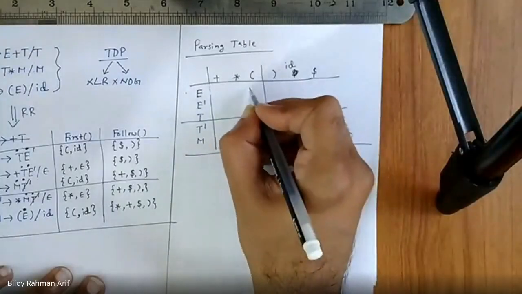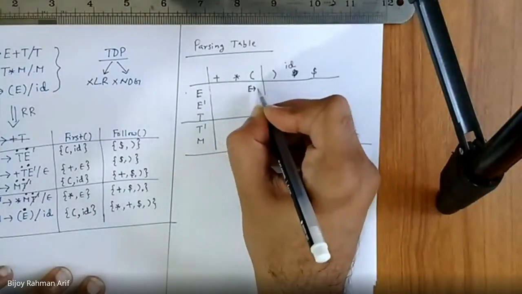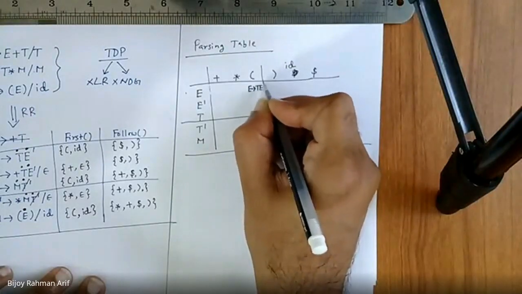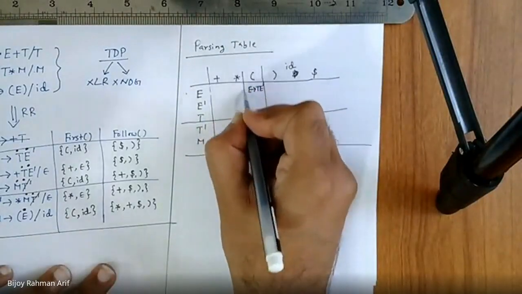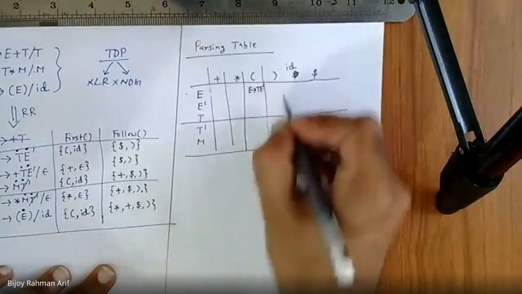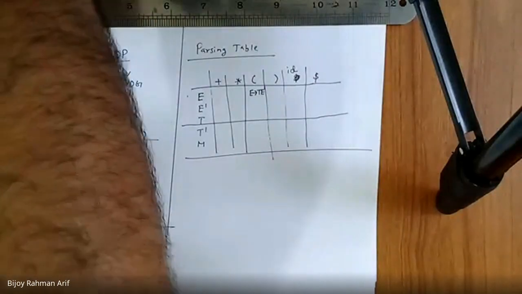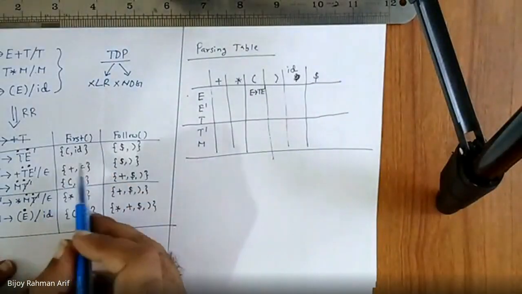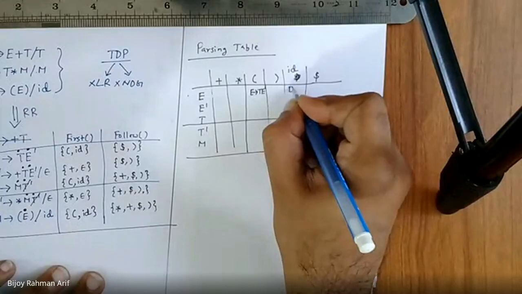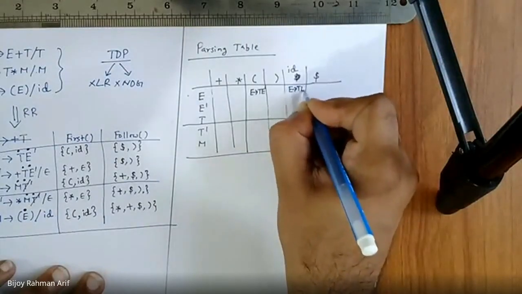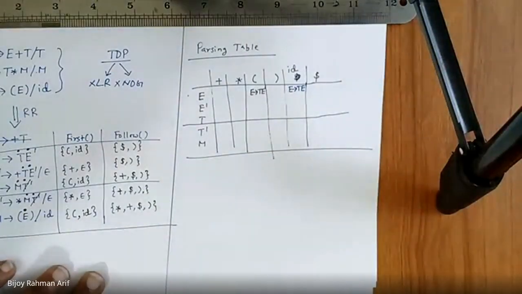Open parenthesis and ID. So E derives TE dash should be placed here and also here. First of T is open parenthesis and ID, so I'm going to put it here. E derives TE dash. Got it?